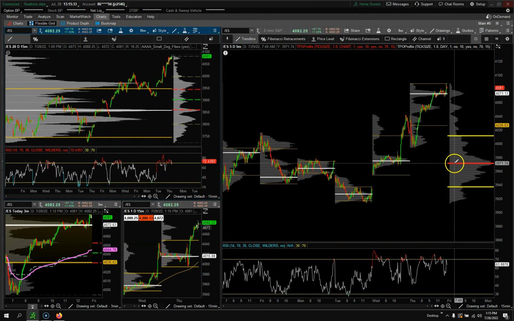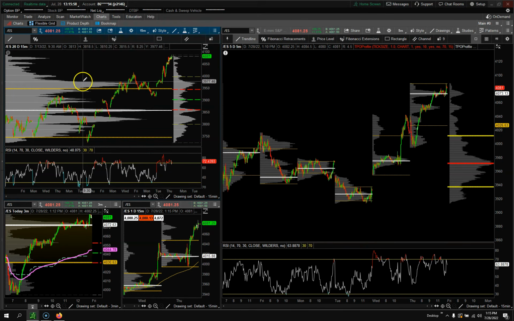But if we're starting to fall down, I'll look over here, hey, 3971 on the 5-day is a point of control, major support, right? VPOC. I'll come over here and ask, what's at that same 3571 level? Okay, and we can see there's kind of a bridge right here.